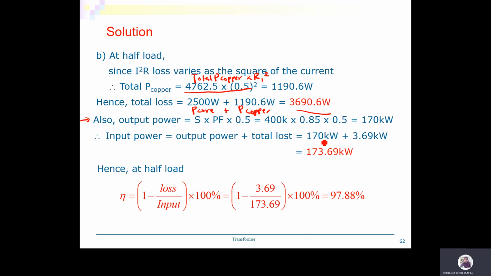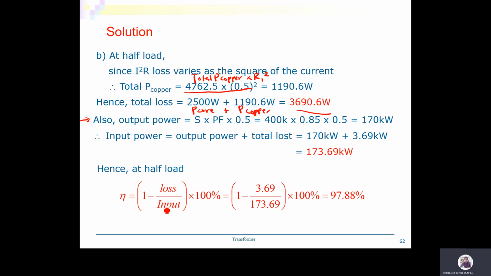So your output power is 170 kilo, plus your total loss 3.69 kilowatt. So you will get 173.69 kilowatt.